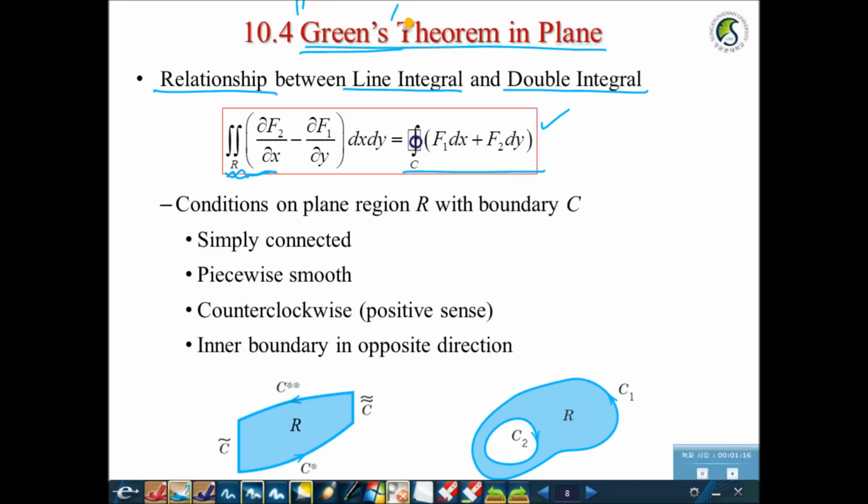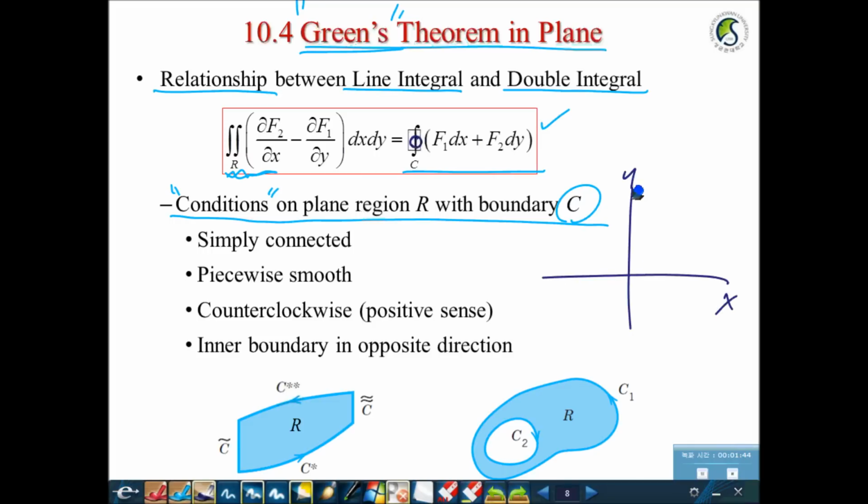You're switching between a double integral and just one line integral. But not all integrations can be done this way. We have some conditions on the curve C. In the x, y plane, let's say we have a certain region R that we want to integrate over.